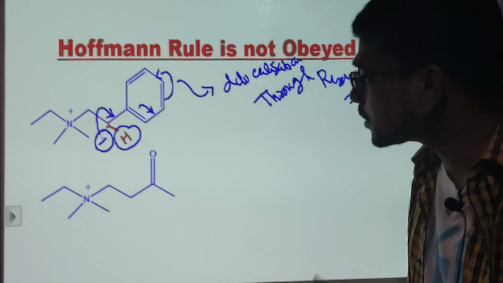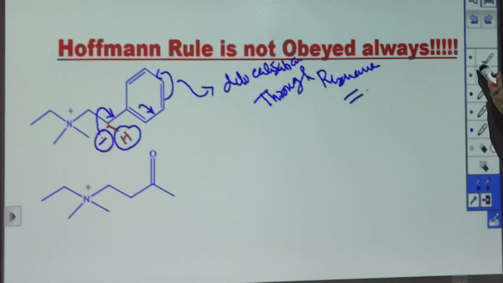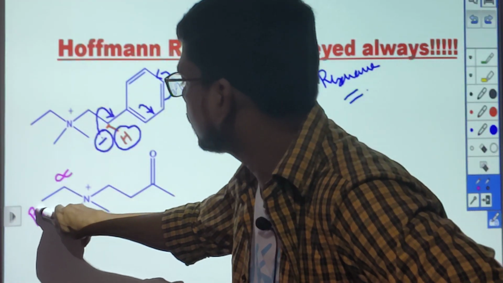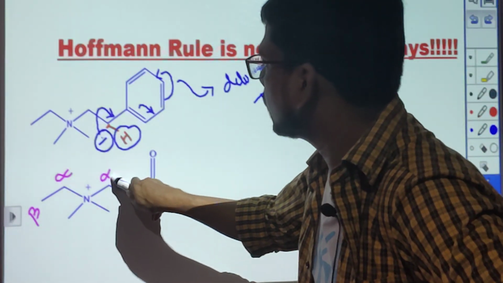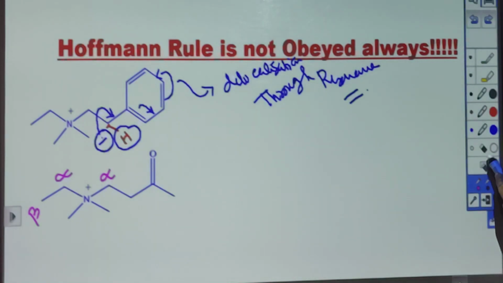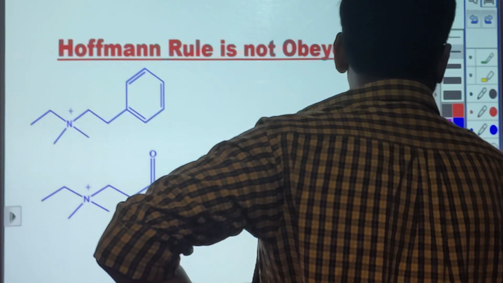Exactly the same way we can also do it here. You can check this one. So what will you do? See, this is the alpha carbon, this is my beta carbon. And here this is the alpha carbon. Okay, let me write this structure once again.